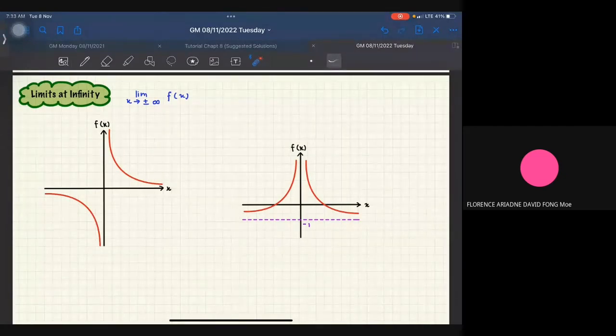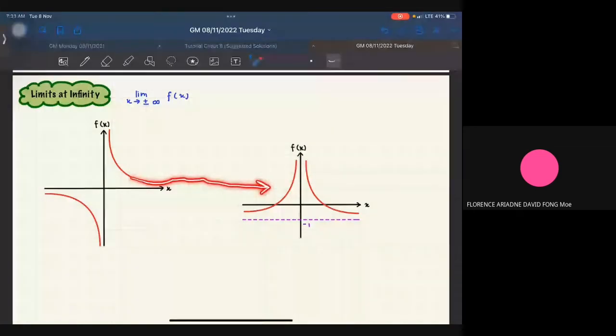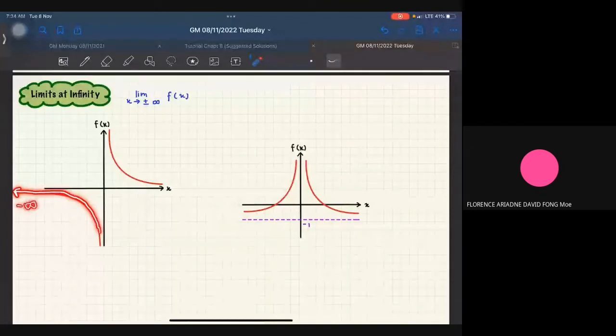Mana yang approaching positive infinity is this one. Dia pergi ke sana, makin ke sana, makin ke sana. So kita nak tengok X kita tu approaching what value. Ataupun yang approaching negative infinity. This one daripada 0, dia pergi ke kiri, pergi ke belakang lagi, belakang. So kita nak tengok bila dia dah sampai negative infinity, Y tu dia mendekati nilai apa.